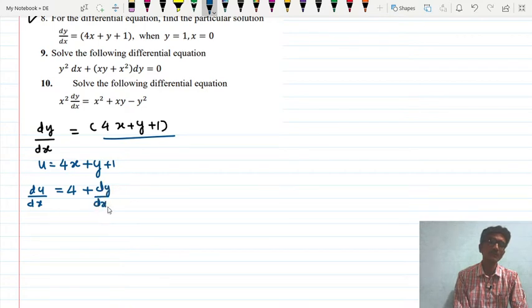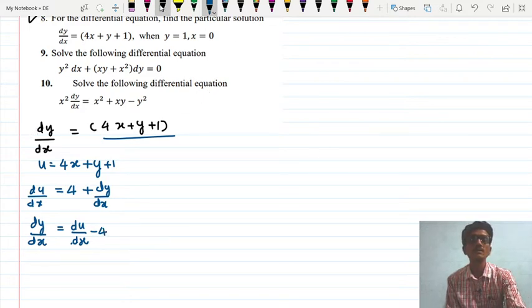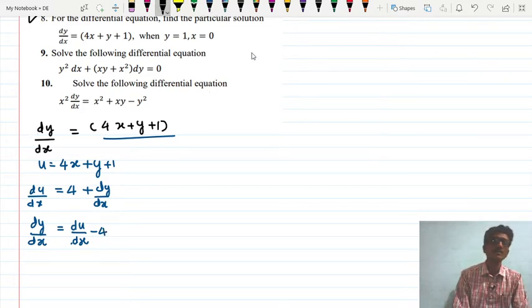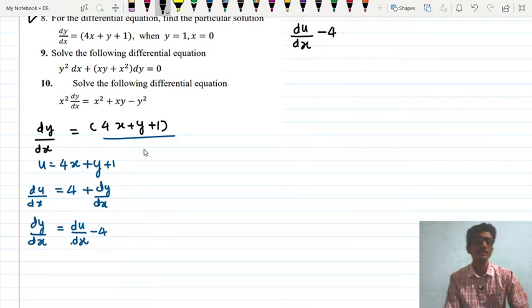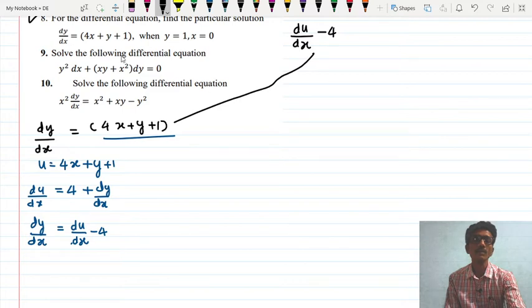Now dy by dx is equal to what? du by dx minus 4. Yes. So here we make the substitution. So du by dx minus 4, that is dy by dx. And right hand side is what?